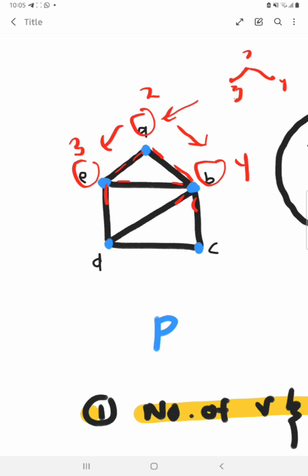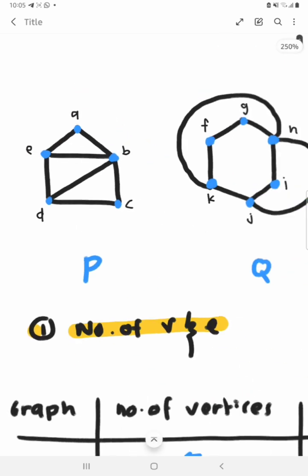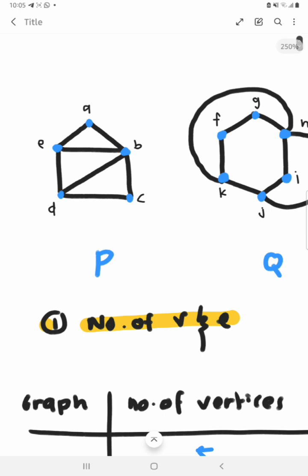So we have to find the same shape, the same points as this graph P in another graph. That means we have to search for points that have 2, where the neighbors are 3 and 4. For 2, the neighbors are 4 and 3. Okay, so this is 2, this is 2, this is 4, this is 3, right?